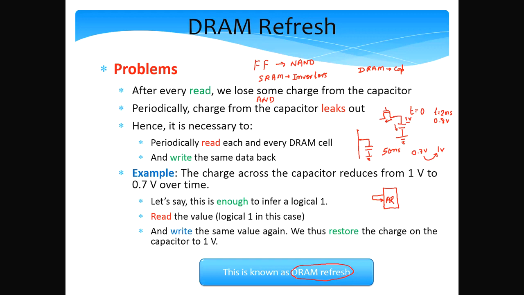So it's not that we read all of it and then write it back. We read, let's say, 1 byte and then we write back that same byte, or we read 64 bytes and we write back the same 64 bytes. So it's definitely not done at the entire array level in one go, but the aim is that periodically we read some lines and then write them back to restore their voltages across the capacitors to the highest levels.